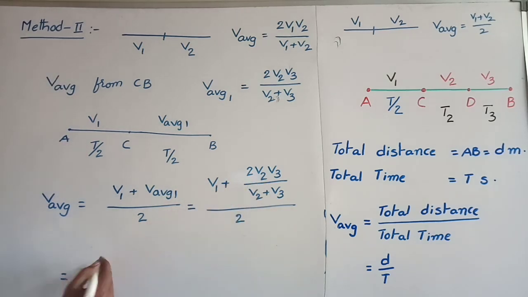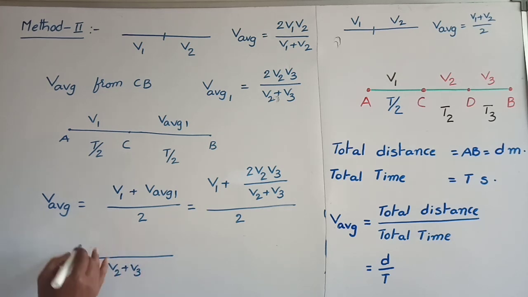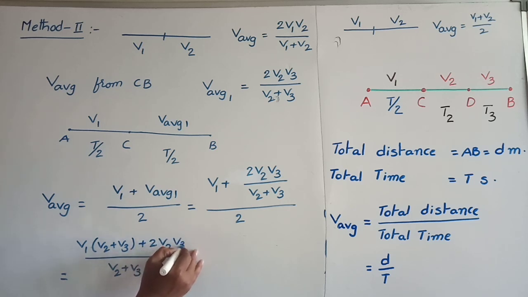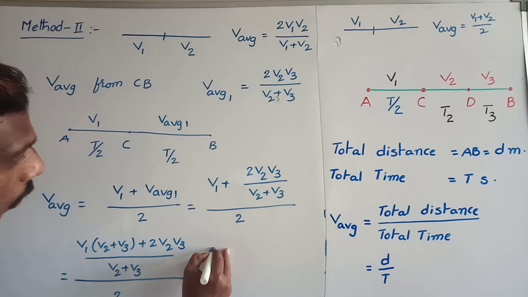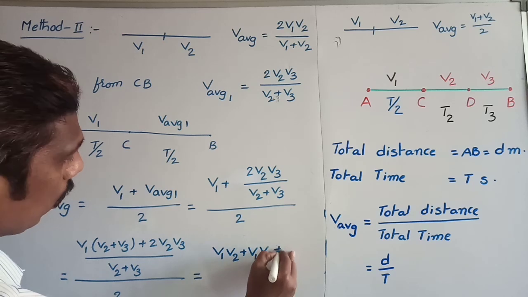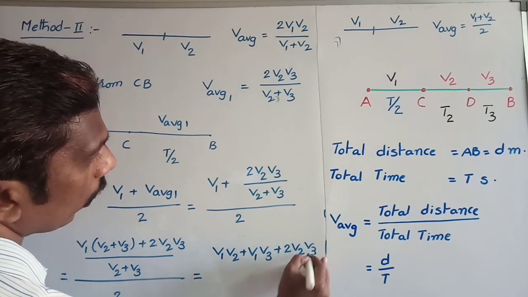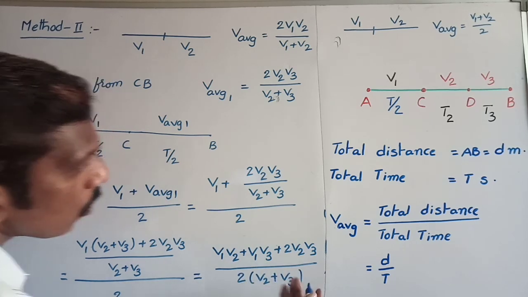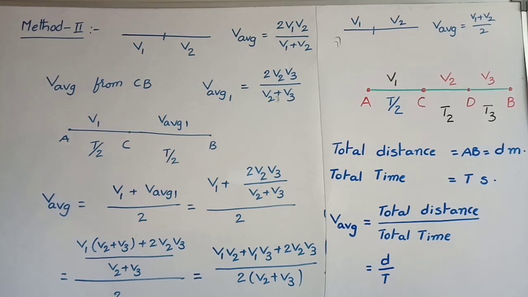In the numerator you take the LCM. In the numerator, the LCM is V2 plus V3. So from that, V1 into (V2 plus V3) plus 2 V2 V3, whole divided by 2, which is equal to (V1 V2 plus V1 V3 plus 2 V2 V3) by 2 into (V2 plus V3). So this is the average speed. In this way also we can solve.